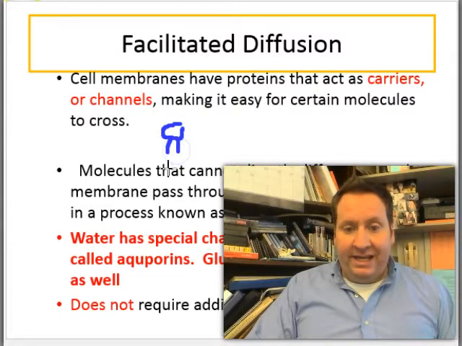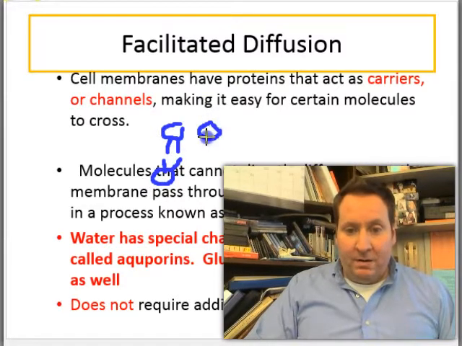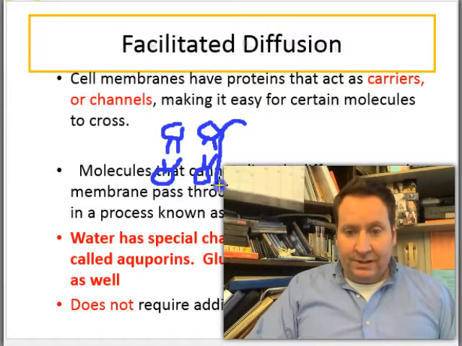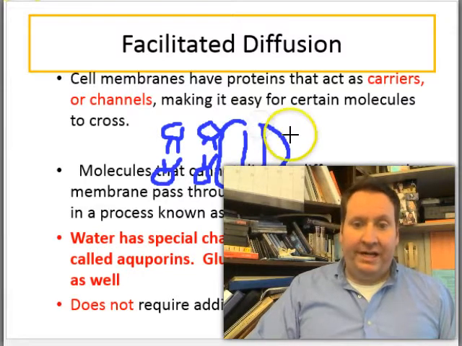But the problem is, this is my little cell membrane right here. These molecules might be a little too big, or they might be a little more water soluble, so they can't just freely come across this membrane, so they have to go through what's called a channel. So facilitated diffusion is when a particular product has to travel through a channel. Right here is a generic channel.